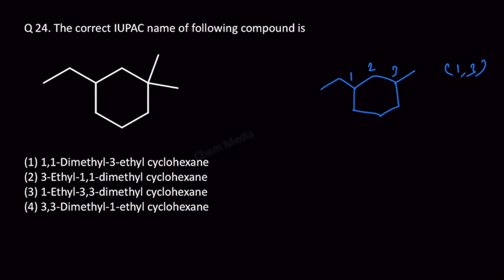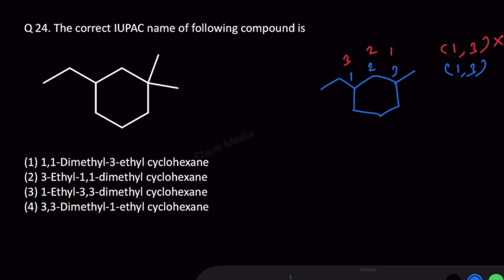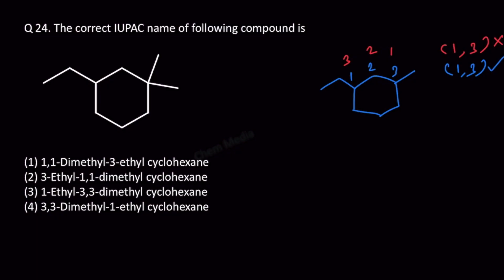Even if you number it the other way around, choosing methyl group first, still the locants are at 1 and 3 position, and therefore the preferred choice is this one, because as per the alphabetical order we have to put the ethyl group first, and therefore this compound name is 1-ethyl 3-methyl cyclohexane.